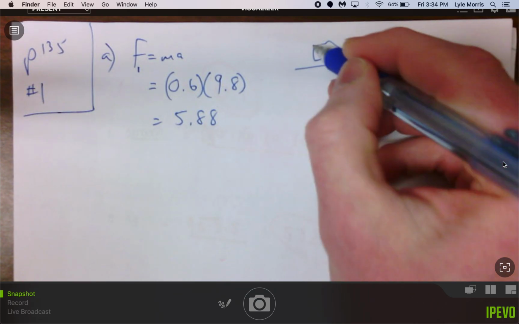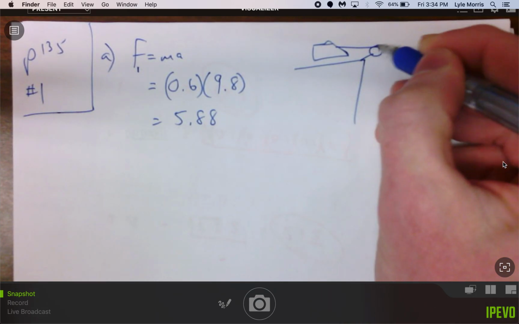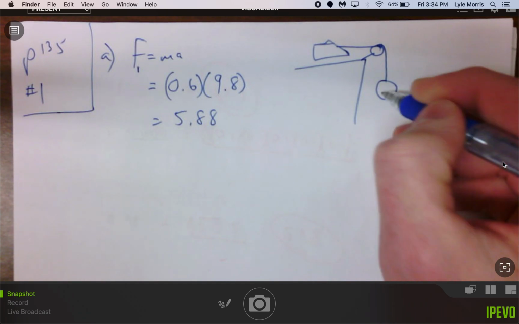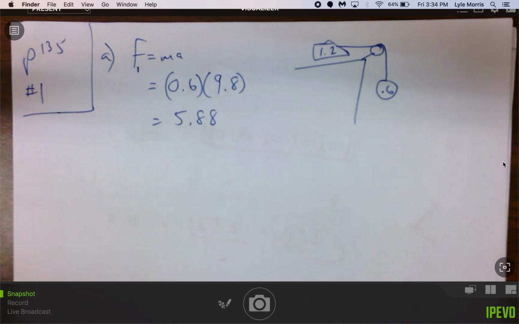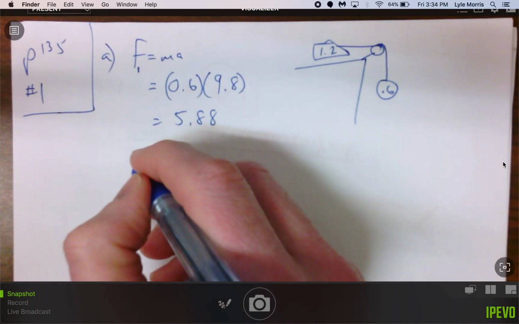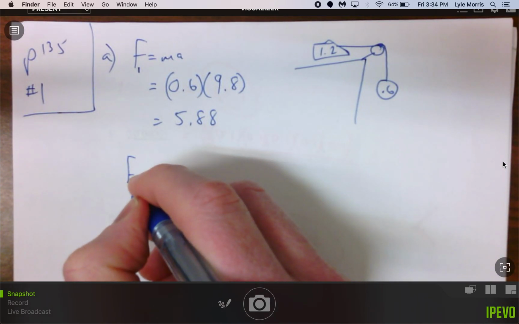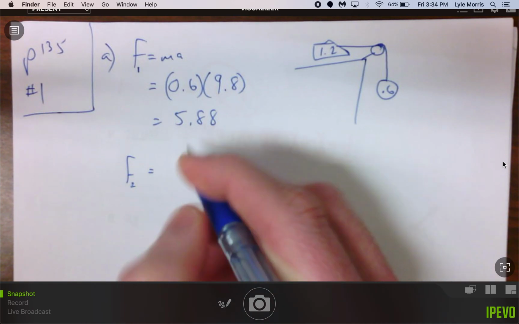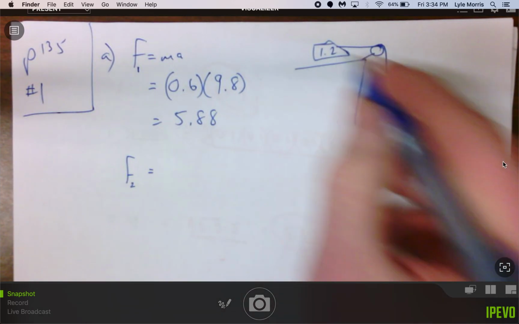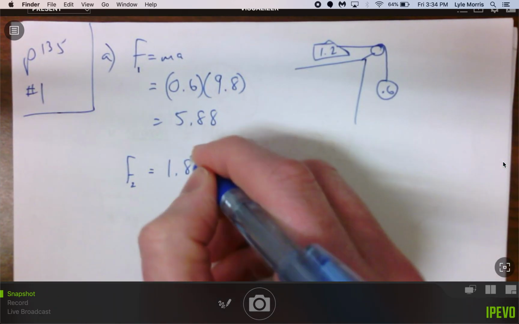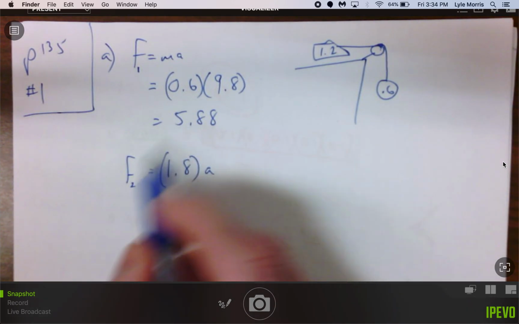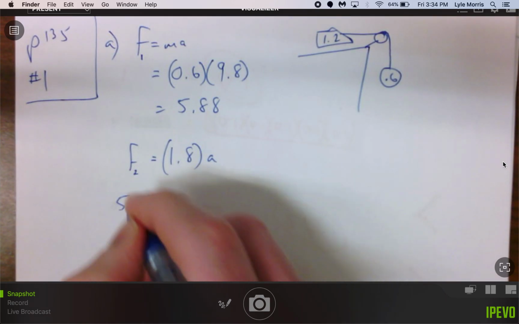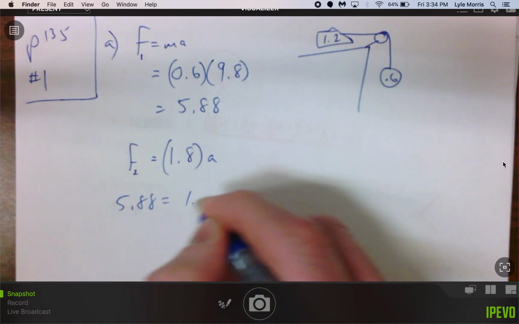Here's the cart. It's attached to a string, and then here's the weight. This is the 0.6. This bad boy over here is 1.2. So now for the entire system, the mass is 1.8 because we're adding these two together. 5.88 equals 1.8 times a.